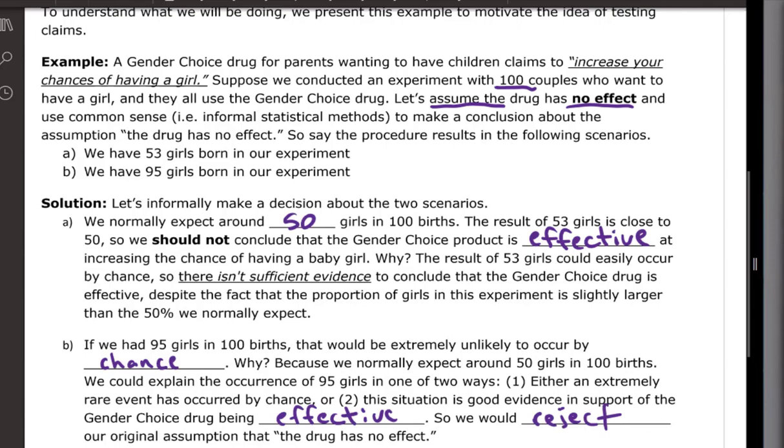With any of these amounts, like 60, 65, 70, sometimes it's hard to determine whether that is enough to say it's effective or not. Some people say 65 is not far enough away from 50%. So how do we do this mathematically? Well, you'll see in this chapter how we test claims objectively. There are numbers that we will get from our calculator to give us hard, fast values that we will use when we determine the conclusion for a hypothesis test.